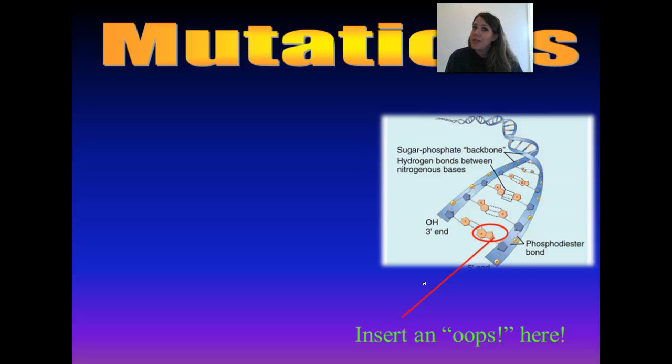A lot of times, in fact, I'd say most of the time, these mutations are neutral, and you'll learn when we talk about protein synthesis why that is. But occasionally, having a mutation can be a good thing. So in the next unit, we're going to be learning about evolutionary biology. And the only way life on Earth has been able to change, i.e. evolve, is because of mutations happening in the genetic code.